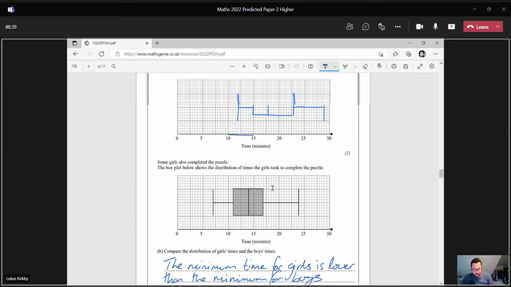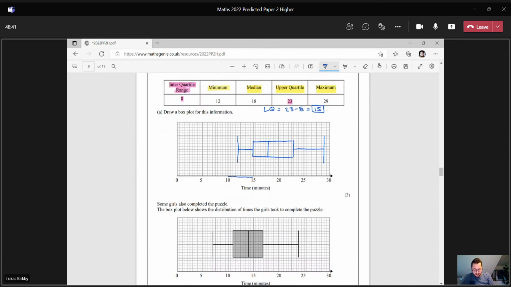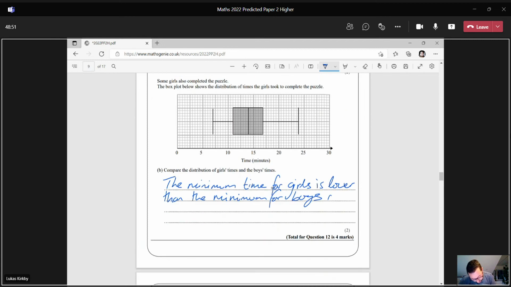That's perfectly fine, but we might pick something else. The other thing I've noticed is that the interquartile range for the girls is shorter. The box is a lot thinner than it is for boys, so I might put that. And just for something different, the interquartile range for the girls, and if you want you can put in some numbers.